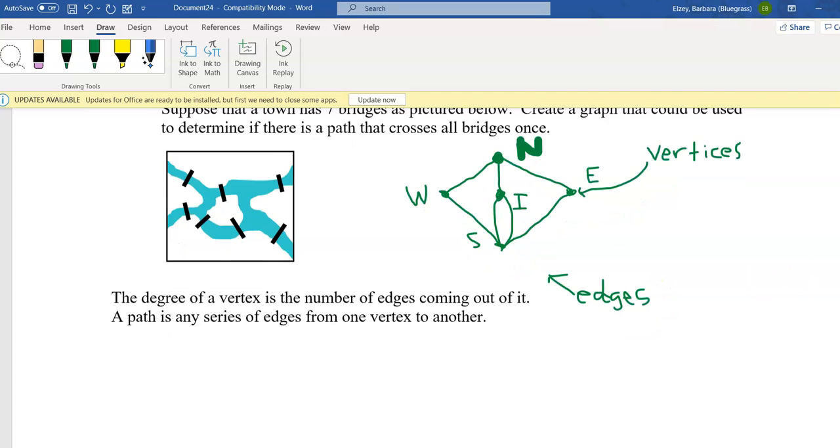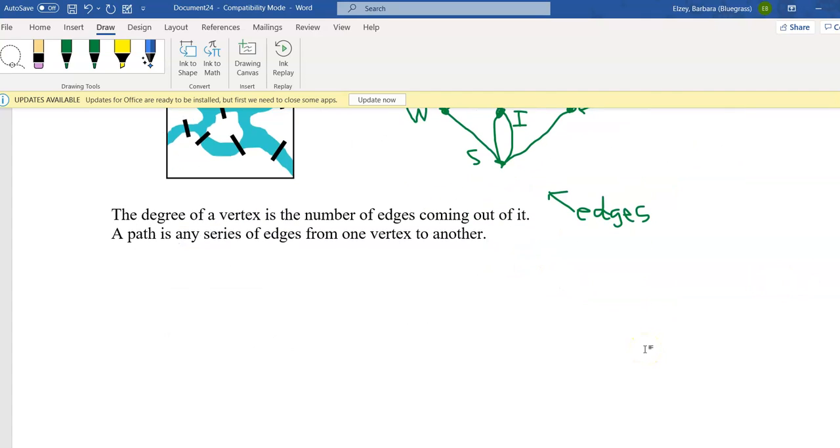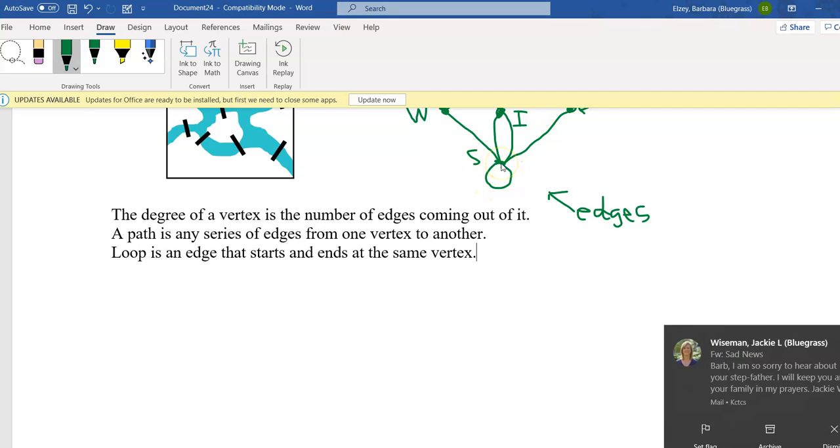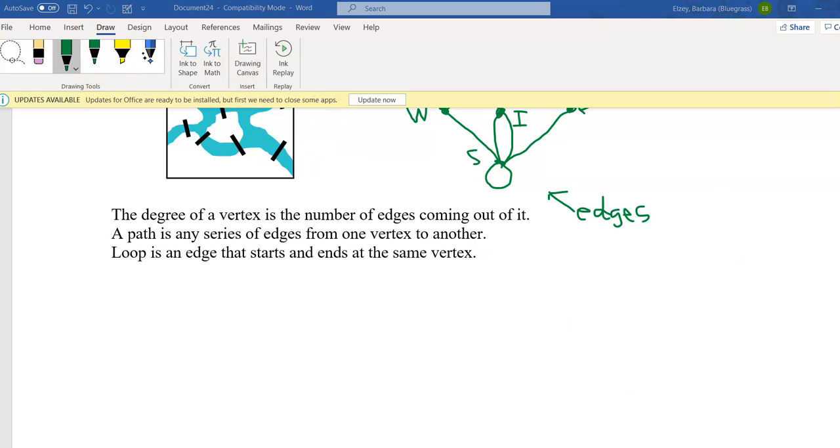Okay. There's also something called a loop, and we don't have a loop in this particular graph, but a loop is an edge that starts and ends at the same vertex. So, for example, if I had a loop coming out of S, it would start and end back at S. Okay, so that's what a loop looks like.